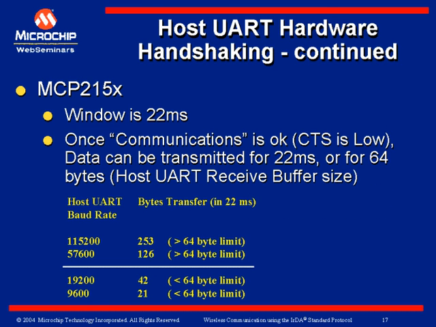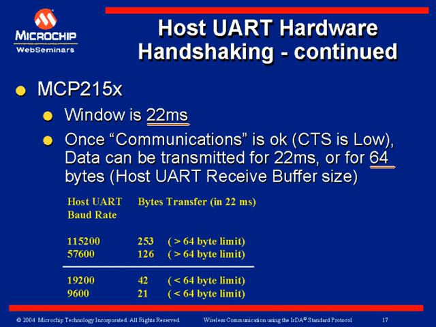This window is about 22 milliseconds wide, and the host UART receive buffer is 64 bytes deep. So the host controller can transfer data during this 22 milliseconds up to the maximum of 64 bytes.